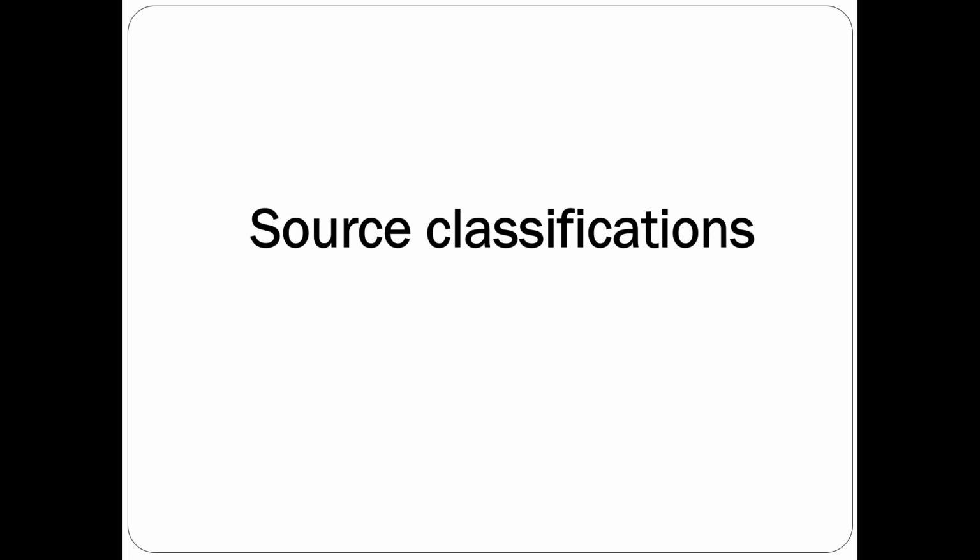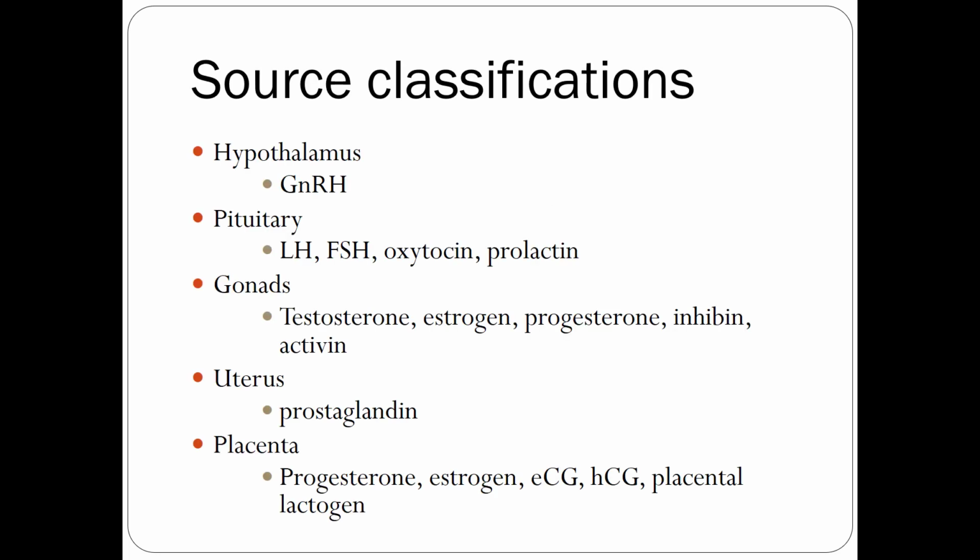So we're going to start learning about these hormones that are important in reproductive function by studying their source classifications. And so this is a busy slide, and we're going to work through each one of these, so don't get too overwhelmed. But when it comes to where hormones actually are secreted from, the tissue that they're actually synthesized in and secreted from to elicit their response later down the line, we are looking at basically five major tissues.